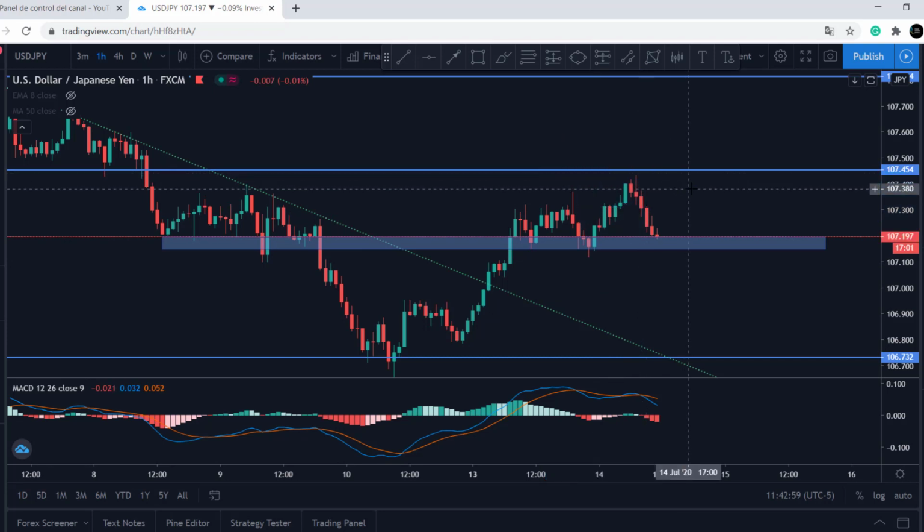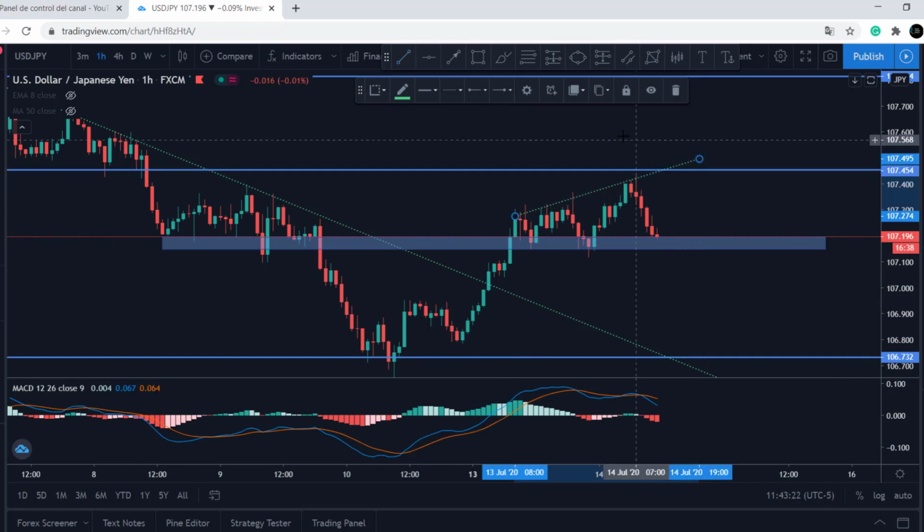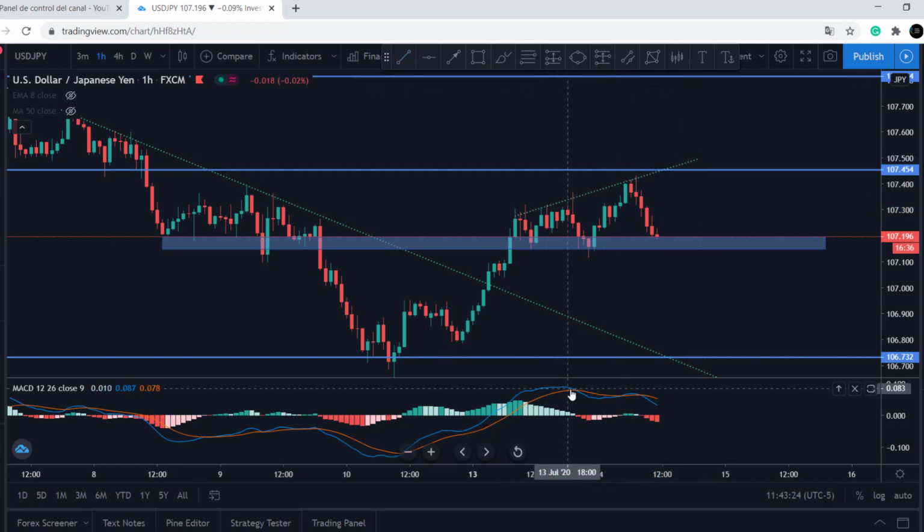So always you have to wait until you see another divergence, convergence, alright? So here we have this beautiful divergence with both moving averages. The thing here is basically so easy, just to find the right time.